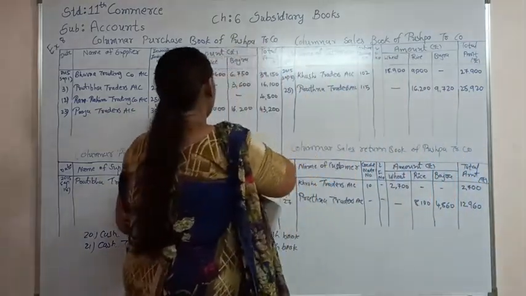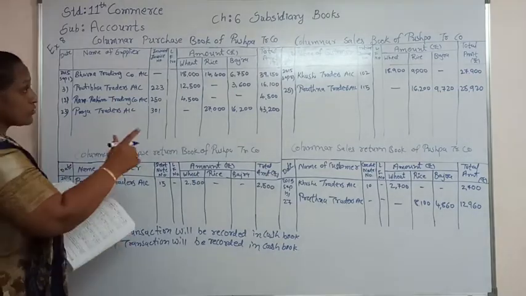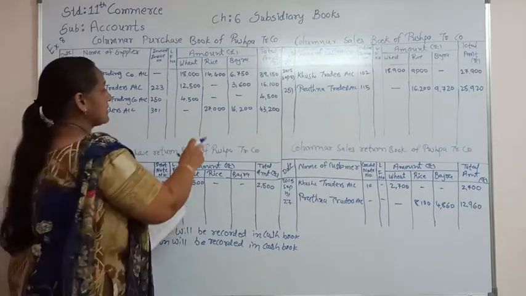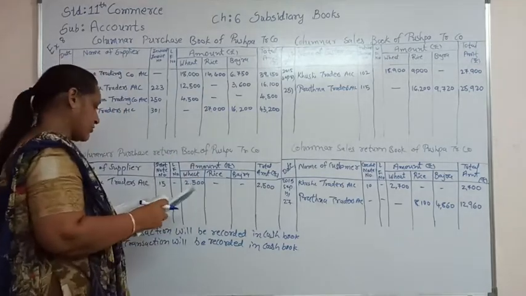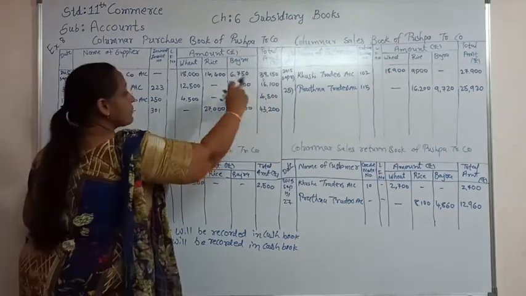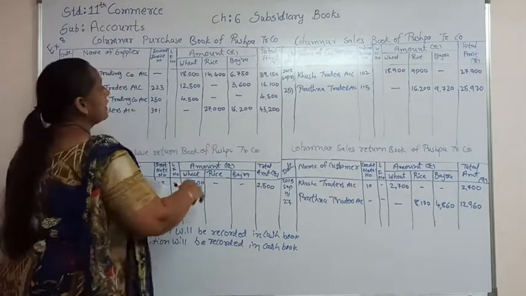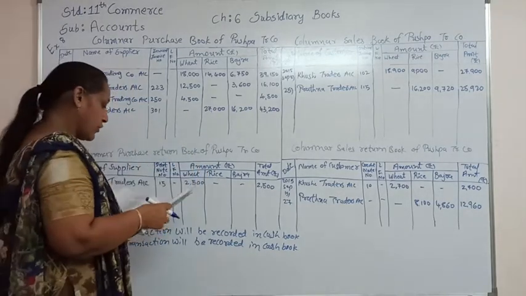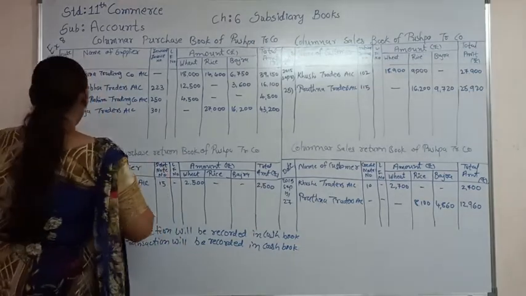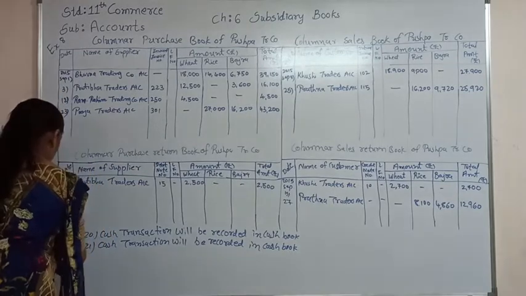Now the same we are going to return to Pooja. So for Pooja we are going to make the half, that is 1/4 of this. 1/4 of this we are going to return to Pooja, as we have sold her half, and half of that will be returned to us. So we are going to make 27,000 divided by 4. So that will be 6,750. So here we are going to write down 127.